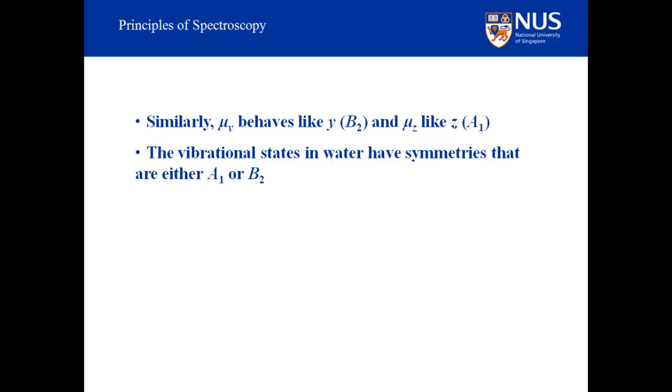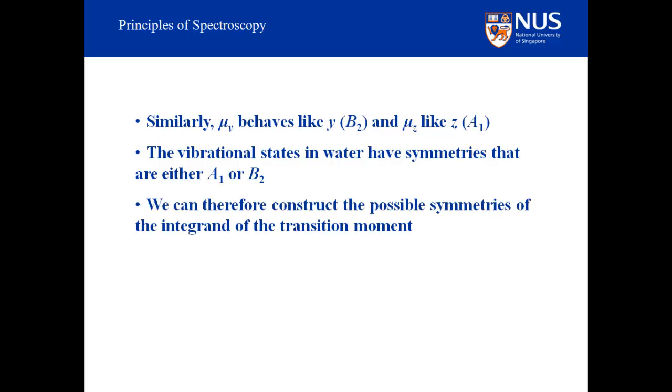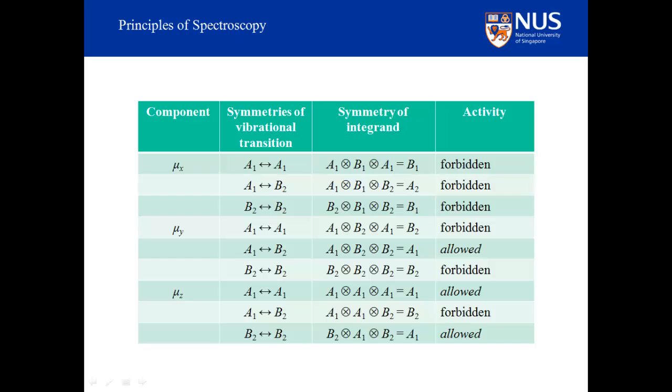The vibrational states in water have symmetries that are either A1 or B2. We can therefore construct the possible symmetries of the integrand of the transition moment. The first column in this table indicates the dipole moment component mu x, mu y, and mu z.